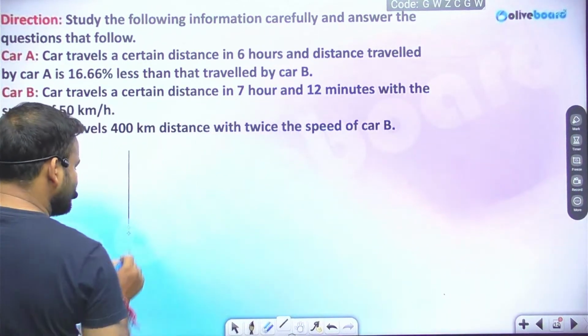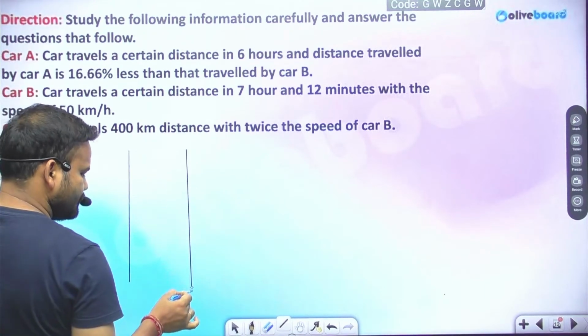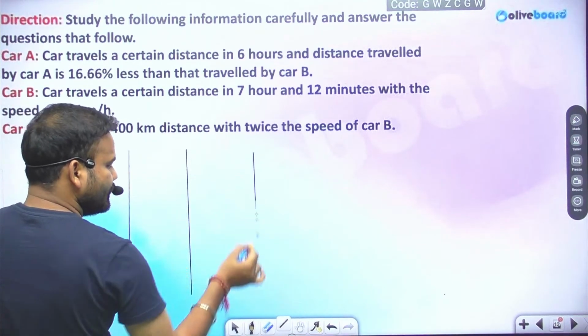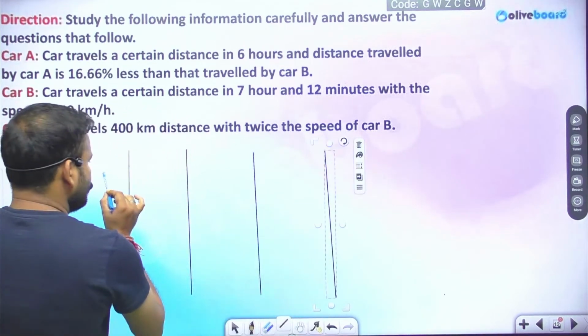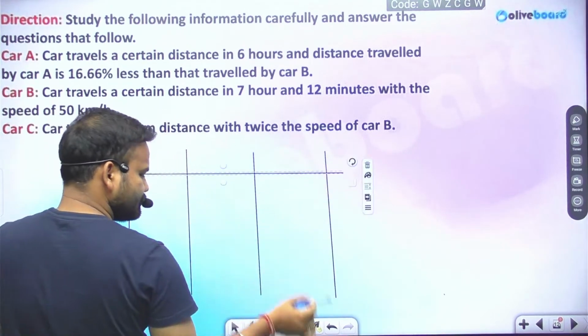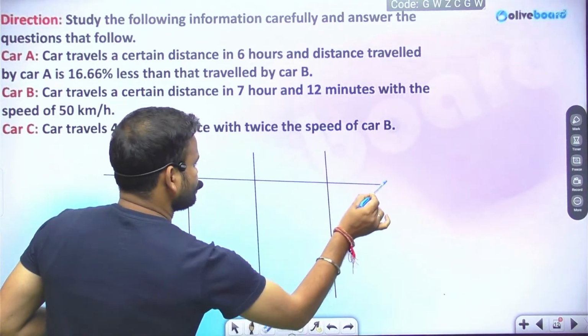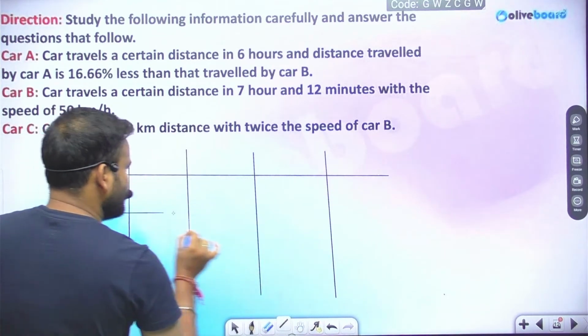So there are 3 cars. See, a caselet should be dealt with in tabular form, making the tables.